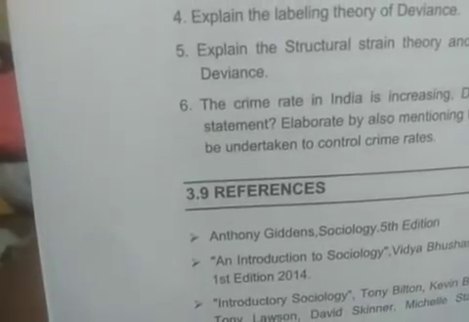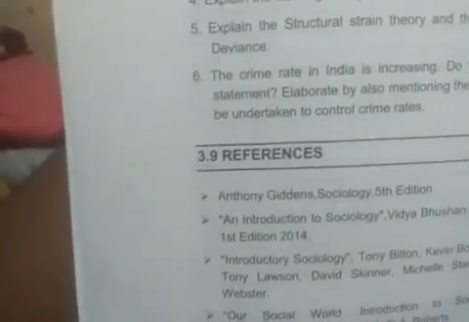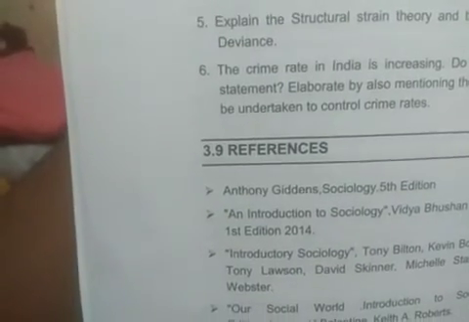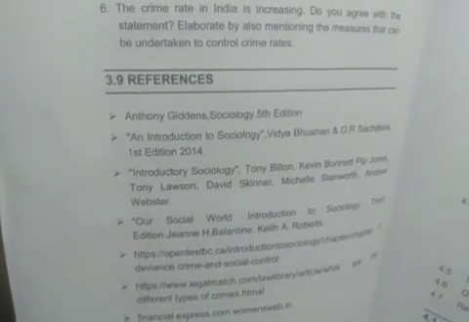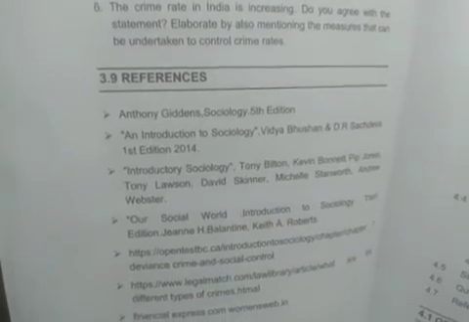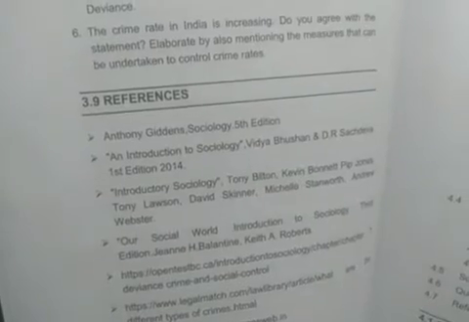How will you differentiate between criminal behavior from the deviant behavior? 4. Explain the labeling theory of deviance. 5. Explain the structural strain theory and the conflict theory of deviance. 6. The crime rate in India is increasing. Do you agree with the statement? Elaborate by also mentioning the measures that can be undertaken to control crime rates.